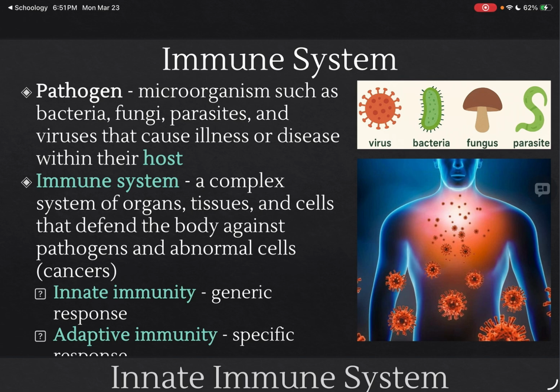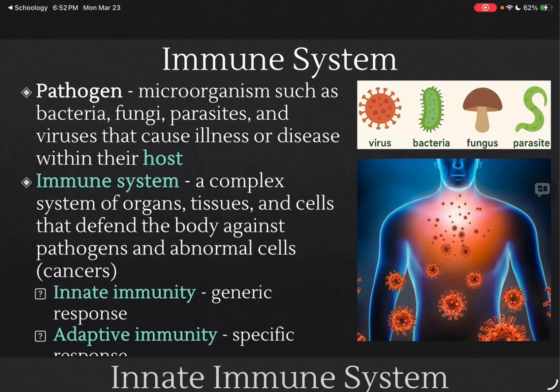The immune system is a complex of systems of organs, tissues, and cells that defend the body against pathogens and abnormal cells like cancer. There are two types of immunity. You have innate immunity, which is a genetic response. This will always happen. And then you have adaptive immunity or acquired immunity, and this is a specific response. So this is like when you're given a vaccine, which is meant to teach your immune system how to handle that specific pathogen or virus or strain of the flu.